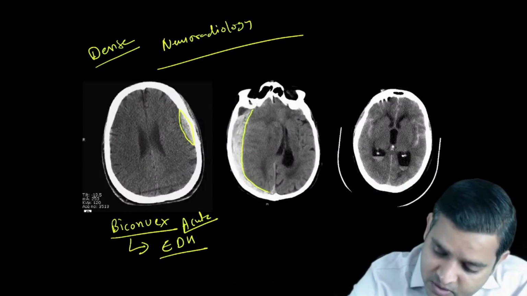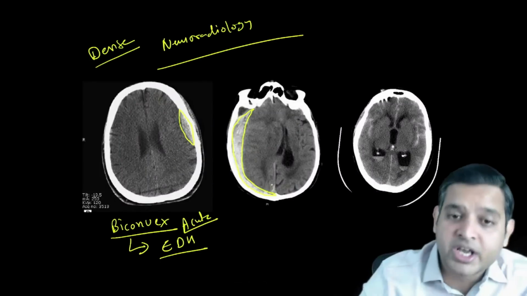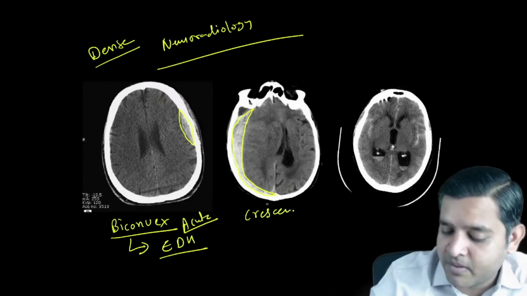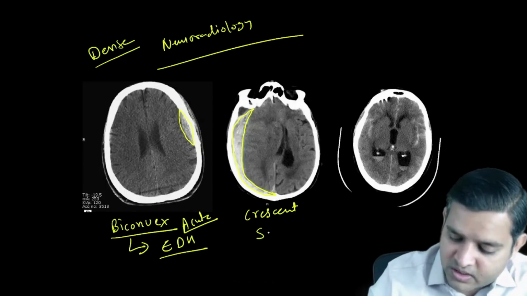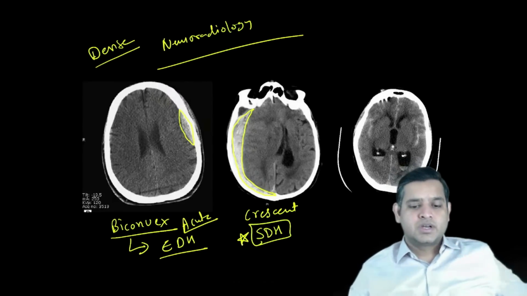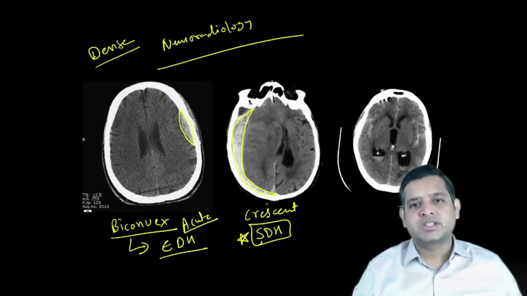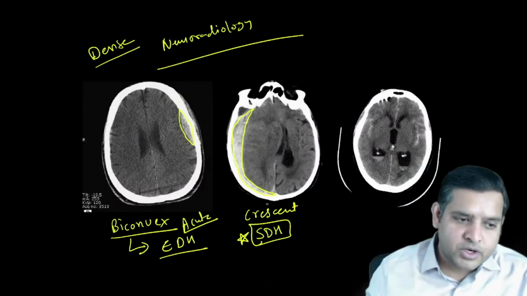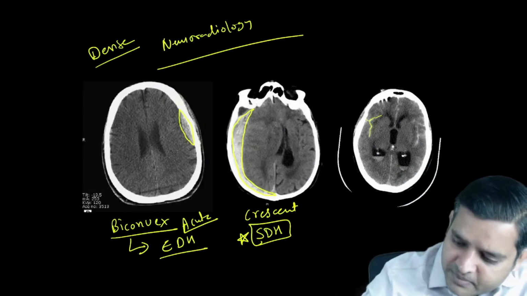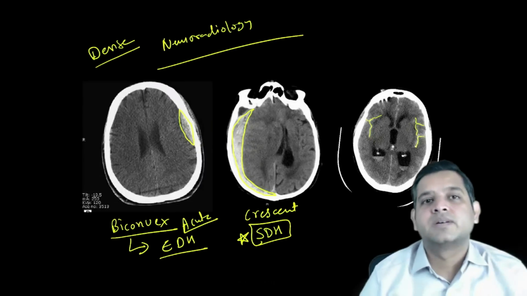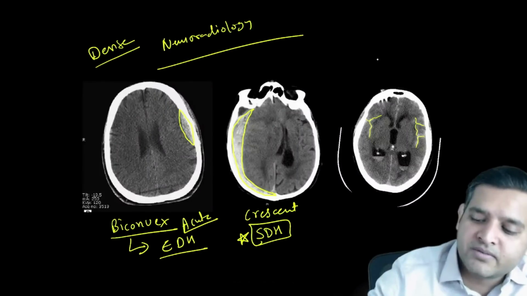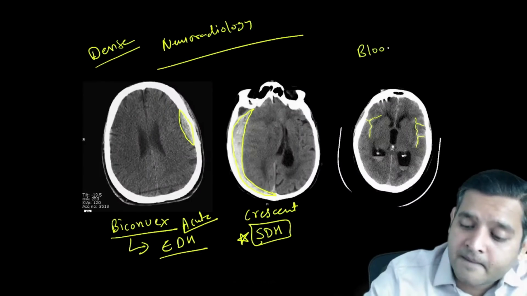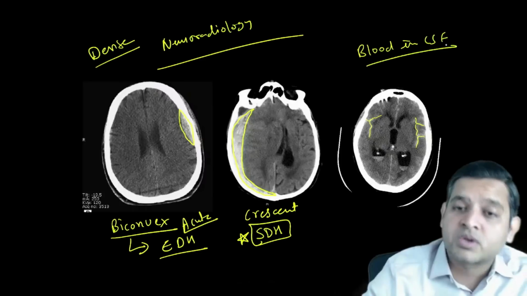It's a very commonly asked image in the exam. Whereas in this case, what we see is a crescent shape hyperdense collection. And the moment you see a crescent shape hyperdense collection, your answer is SDH. So biconvex is EDH, crescent shape is SDH. Now the point to be noted is, if you are seeing linear hyperdensities along the sulci, you are dealing with blood in CSF, because sulci contain CSF.